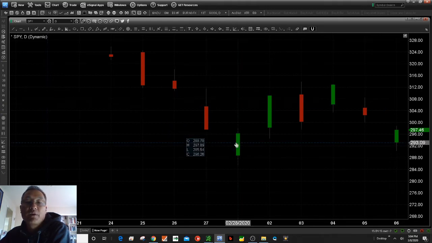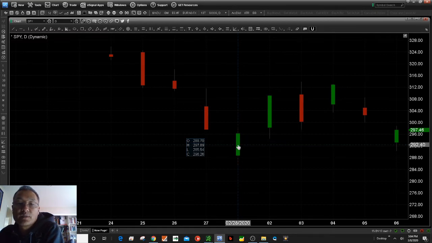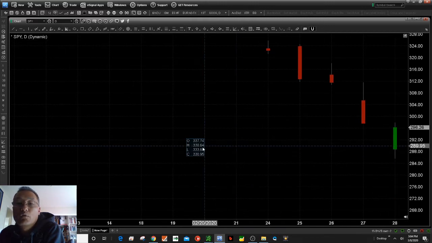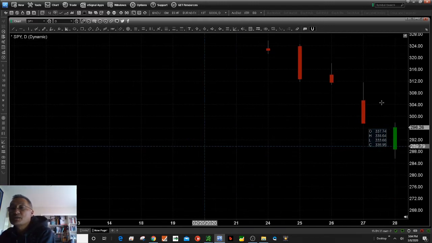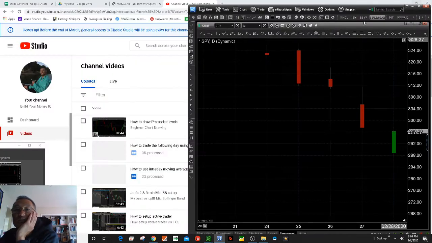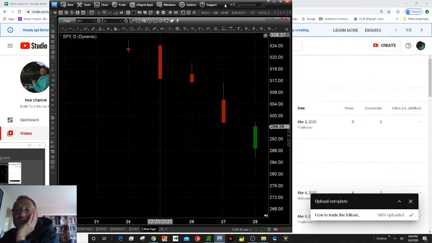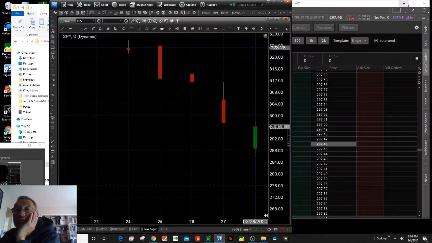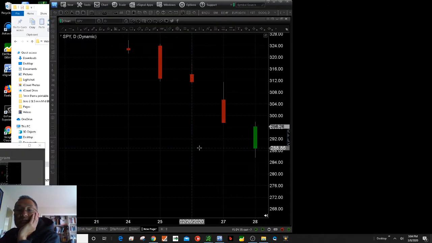And so if I put my cursor on this candle, it gives me the information for this candle. So the opening price, since this is a green candle, it's the bottom of the body here.